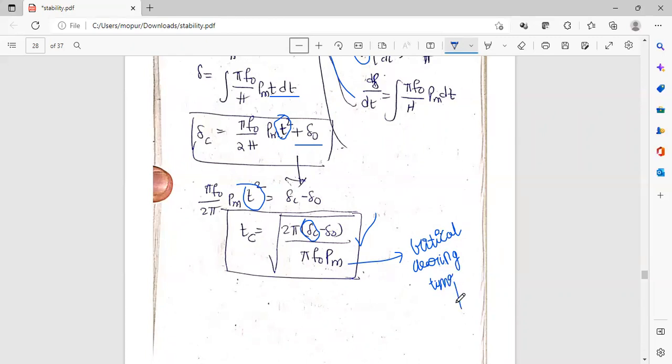So this critical clearing time formula is valid for both applications. The next application, now we will see that.